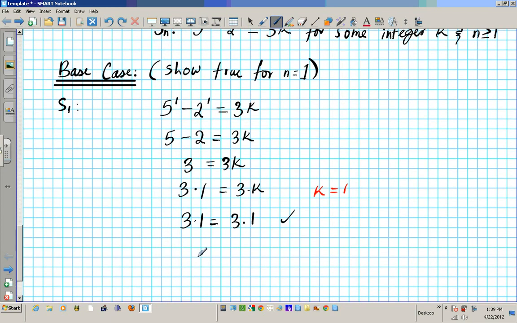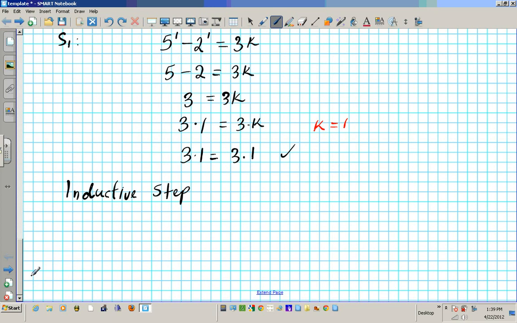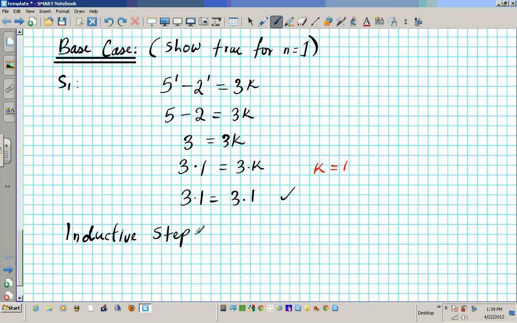Alright, now that I have the base case, we're going to move on to the inductive step. This is a two-part component, the inductive step. So for the inductive step, here, what we want to do, let me underline it first.